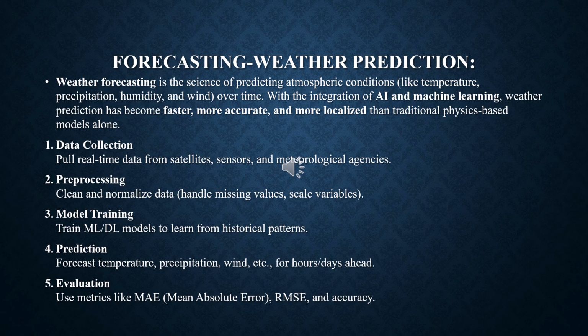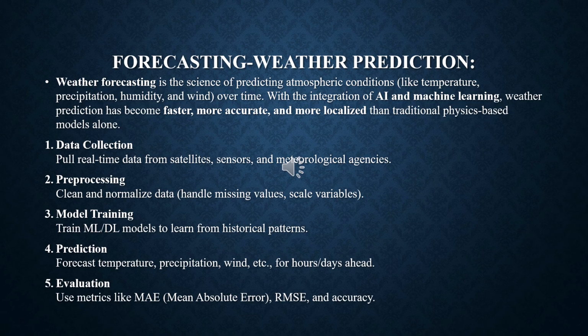You can predict how the climate is changing, whether it will rain today or be sunny, or too hot, which we could not predict before. You analyze the environment and forecast the weather with a model. The steps are data collection, preprocessing, model training, prediction, and evaluation.